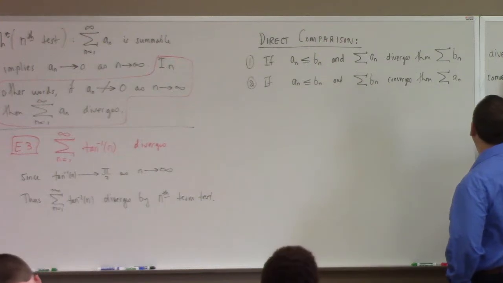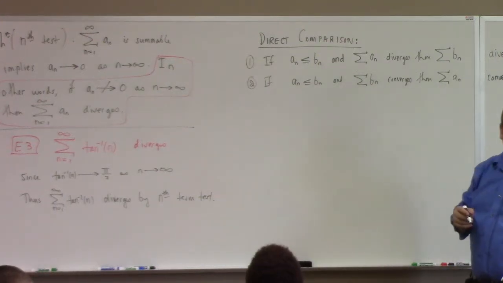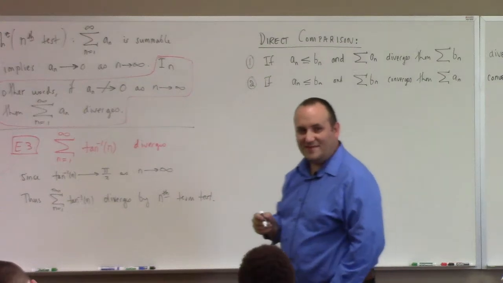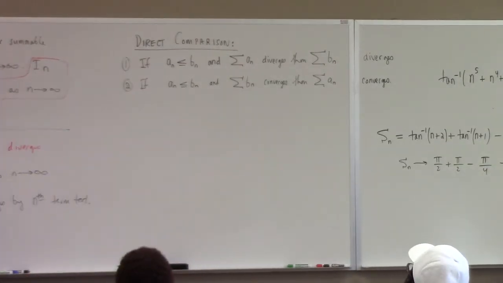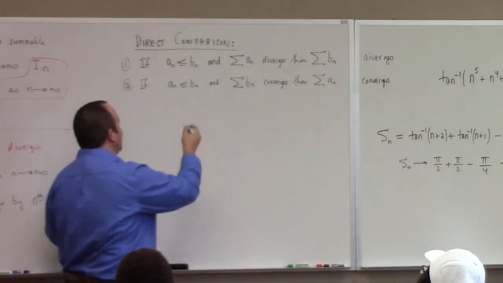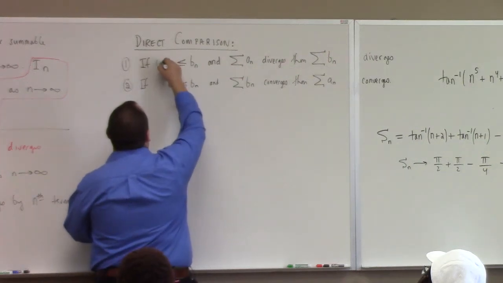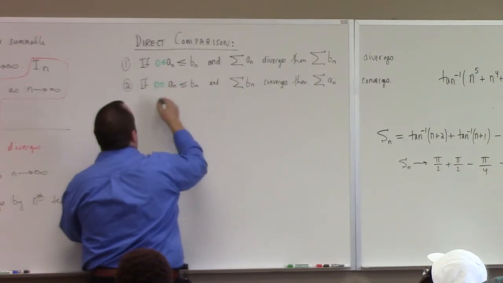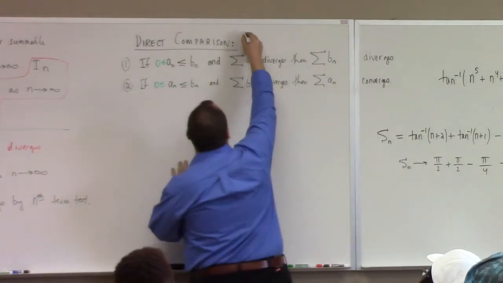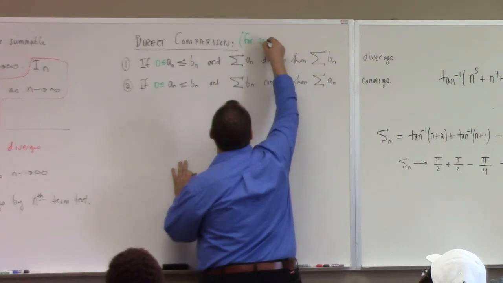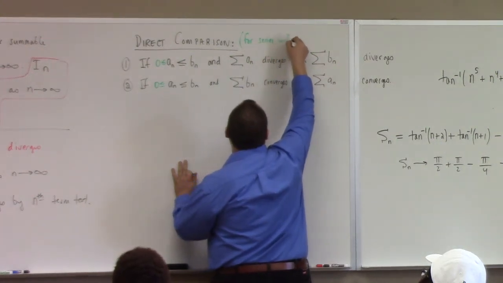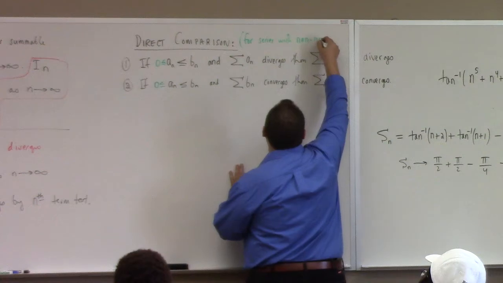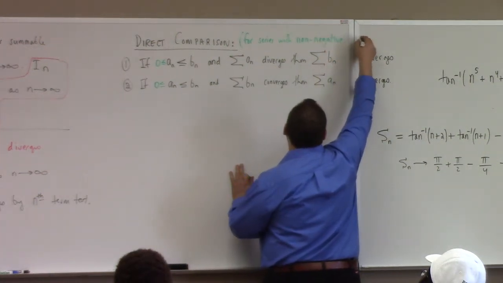Now, for you math majors, why is this theorem as stated false? There's a very important thing we need here. Otherwise, this isn't kosher. I mean, it's just not true. We need this. This is actually for series with non-negative terms.